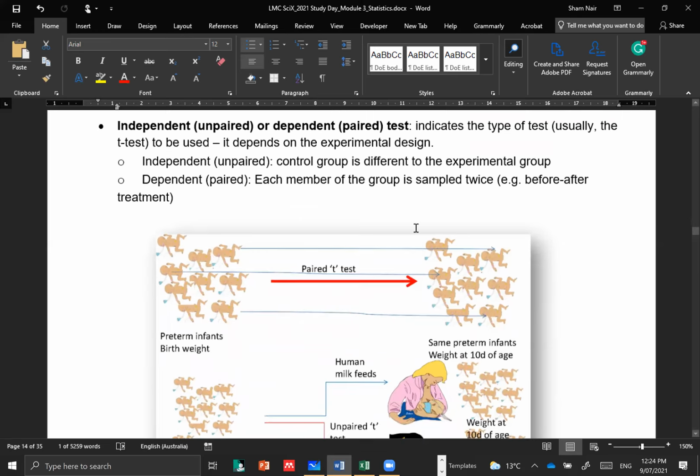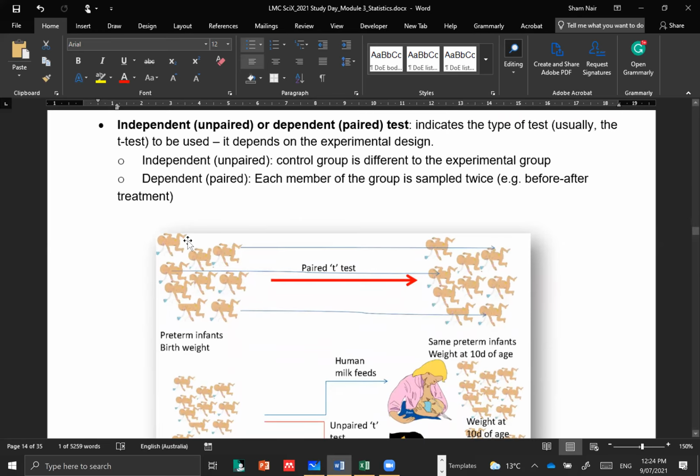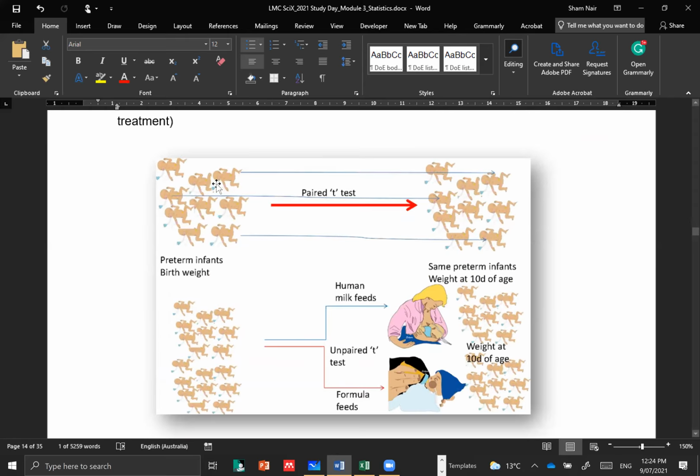So let's look at this particular example shown in this figure. In this study, the researchers wanted to know if all of these preterm infants gain weight.